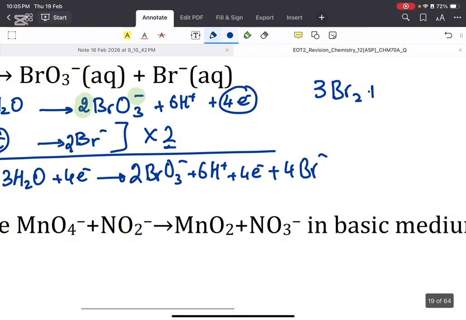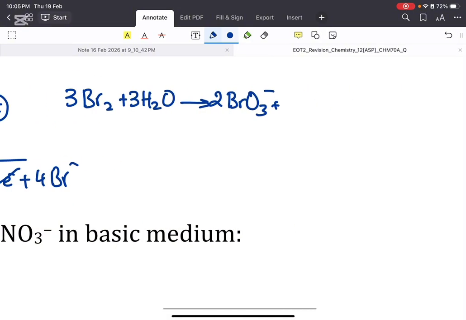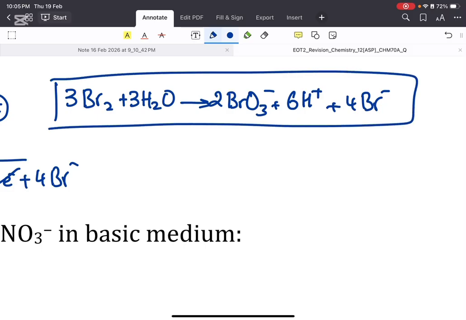Now H2O doesn't cancel, 3. 4 electrons and 4 electrons will cancel out. Now I have 2BrO3 minus and 6H plus and 4 Br minus. That's the final answer.